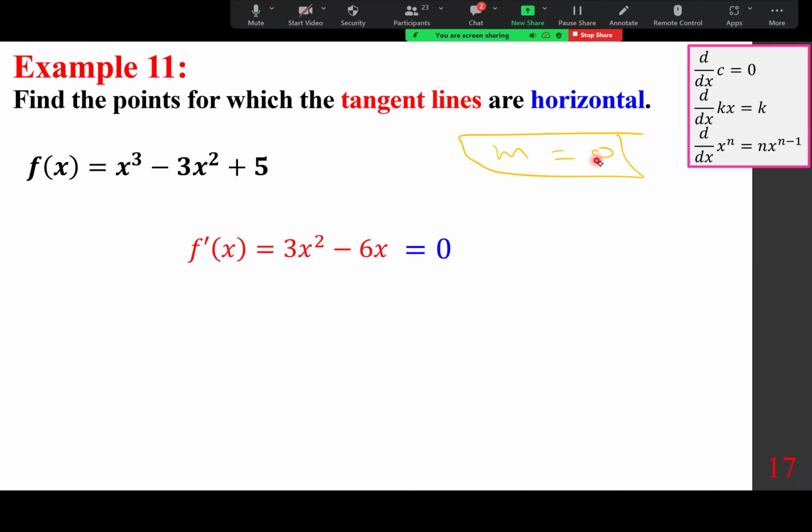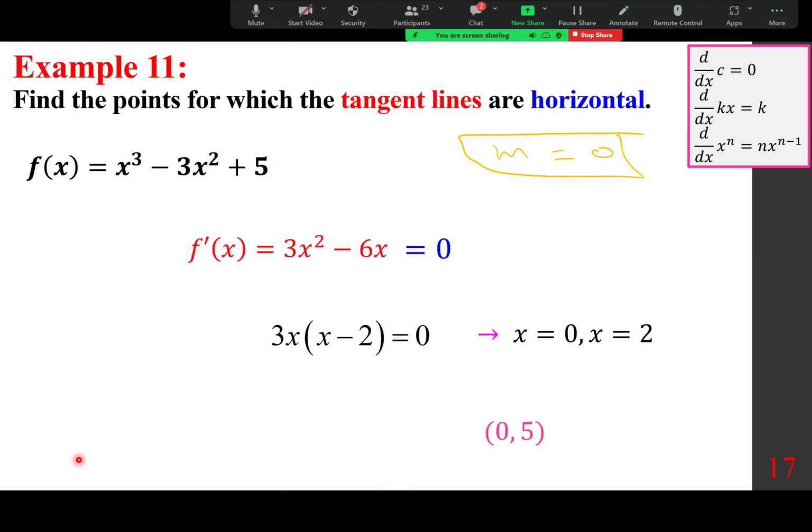So you find this by factoring the 3x out. Either x is 0 or x is 2. Now, those are 2 points, meaning if you plug in 0, it gives you 0, comma, 5.